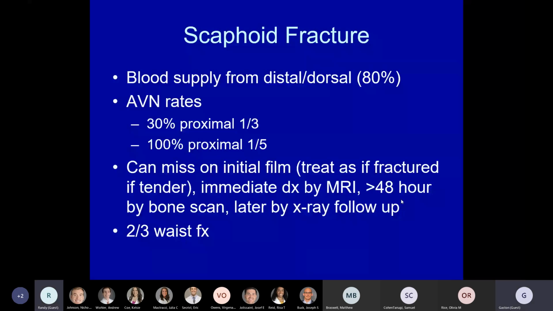Dr. Gaston, is all this on a slide? Because right now we're still seeing the original scaphoid fracture slide. Hello. I'm seeing the same thing you are, Randy.